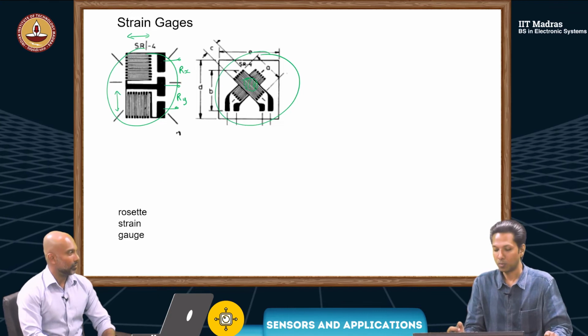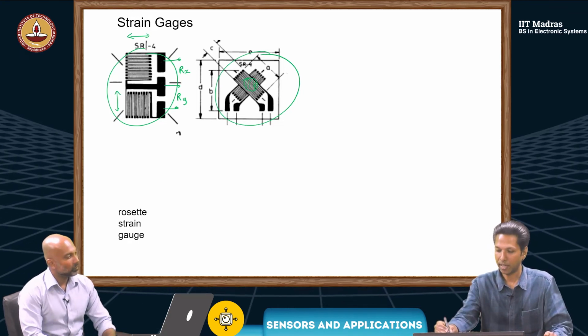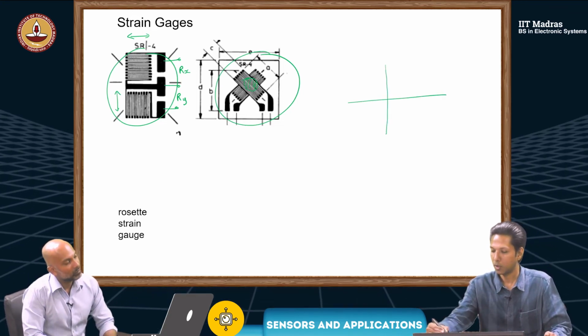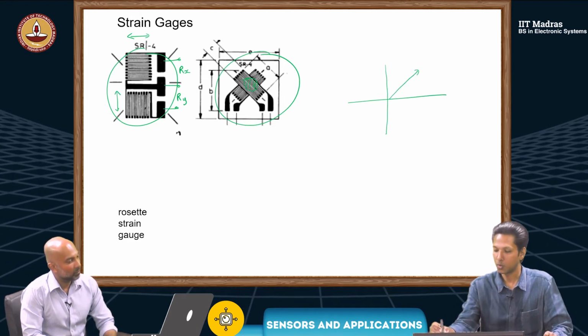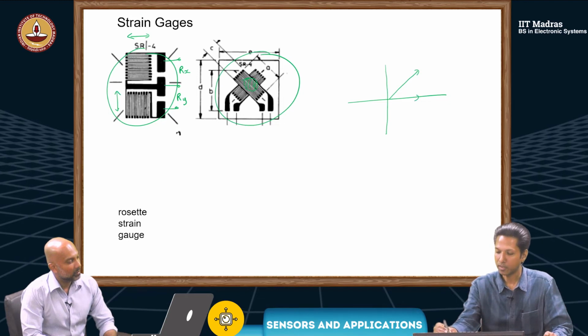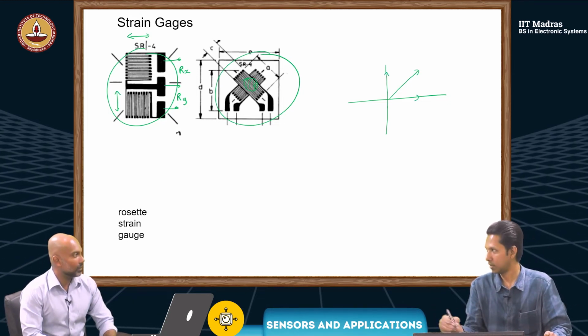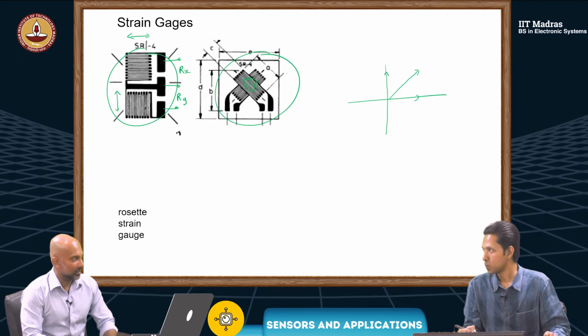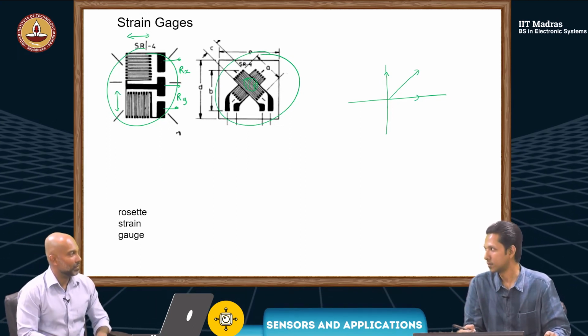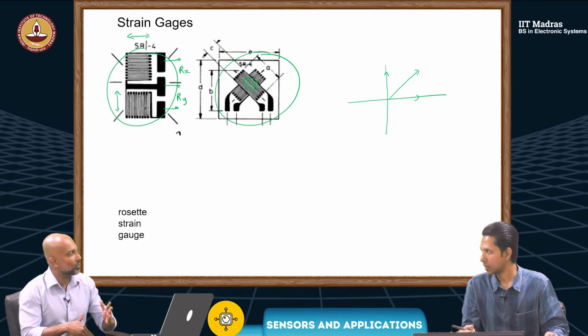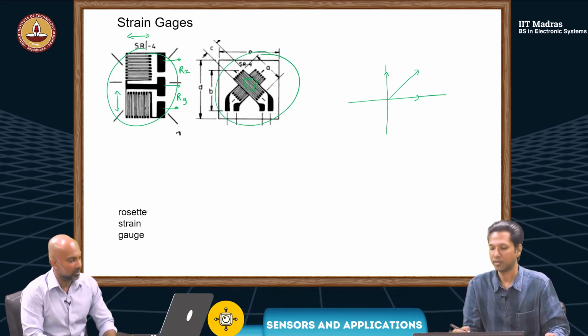With X and Y, if you have a strain in this direction, you will see components which will be a scaled down version of the individual. They won't see the full effect, but based on the two measurements, you'll be able to work out the result of this.